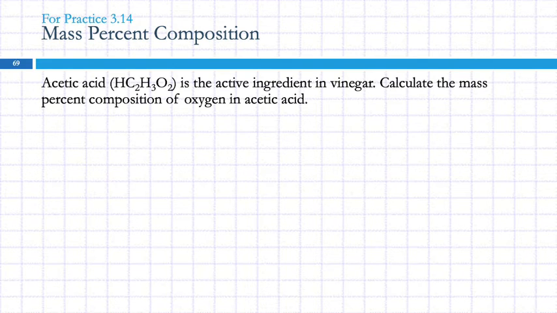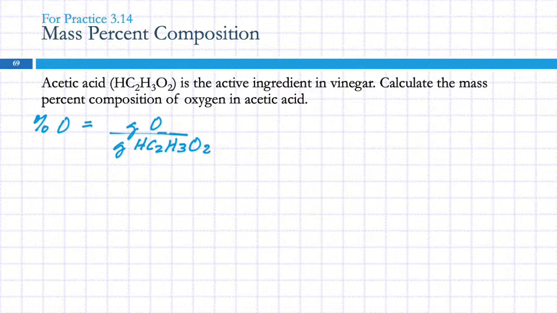So here, acetic acid is the active ingredient in vinegar. Calculate the mass percent composition of oxygen in acetic acid. So percent oxygen then is going to equal the mass of oxygen divided by the mass of the acid, and then multiply by 100.